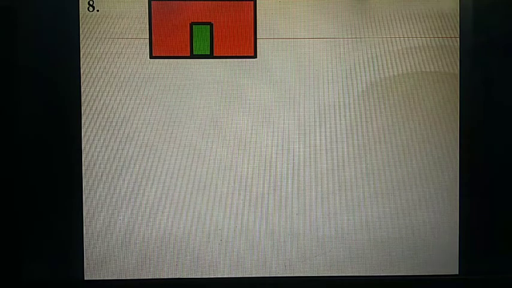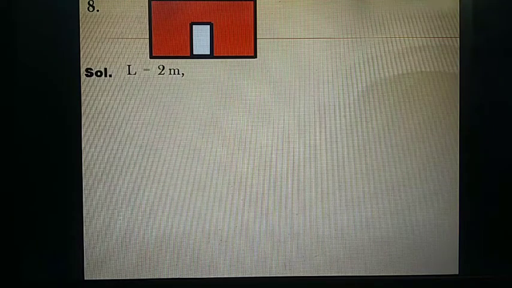The length of the wall is 4.5 meter and breadth is 3.6 meter. We have to find the cost of whitewashing the wall, if the rate of whitewashing the wall is rupees 20 per meter square. Whitewashing the wall means this door we are not supposed to whitewash. Only we have to whitewash the wall.